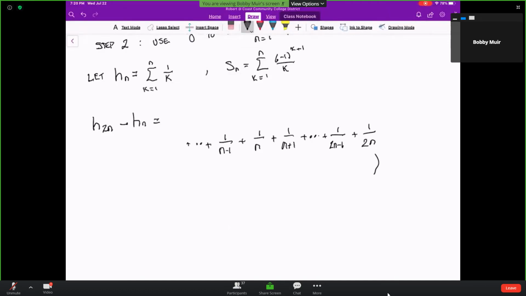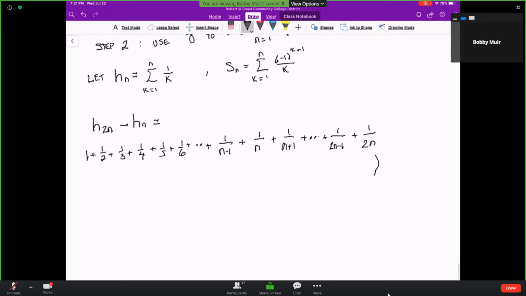So it's 1 plus a half plus a third plus a fourth, a fifth, a sixth. Now minus, I'm going to put the 1 there, the 1/2 there, the 1/3 there. You get the idea? And then the 1 over n there. So I'm dropping the numbers underneath all of the even guys.